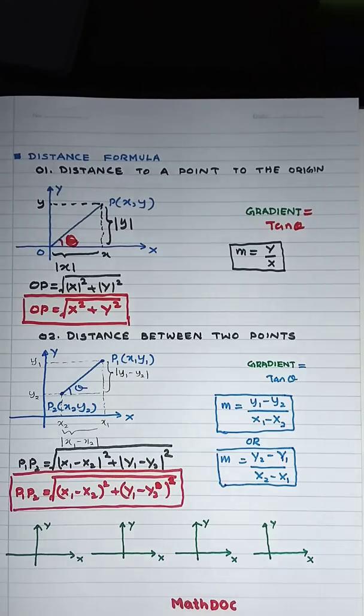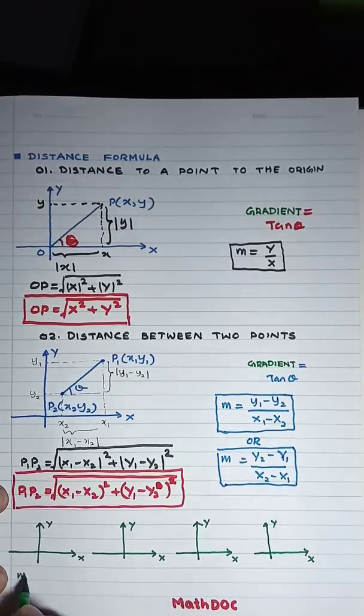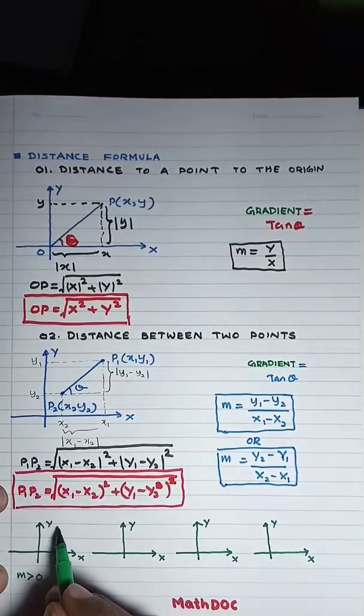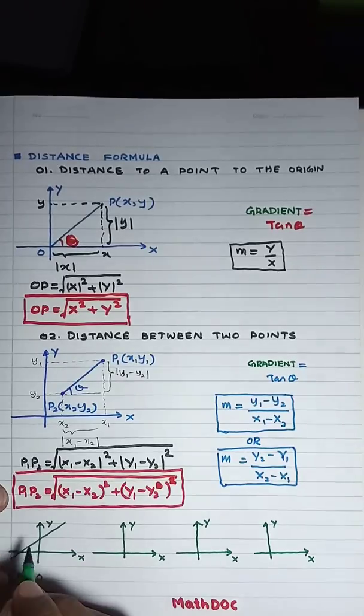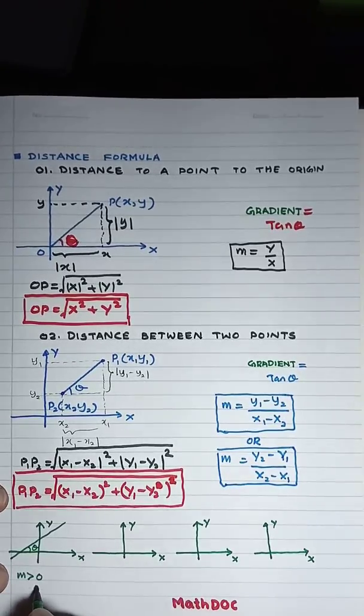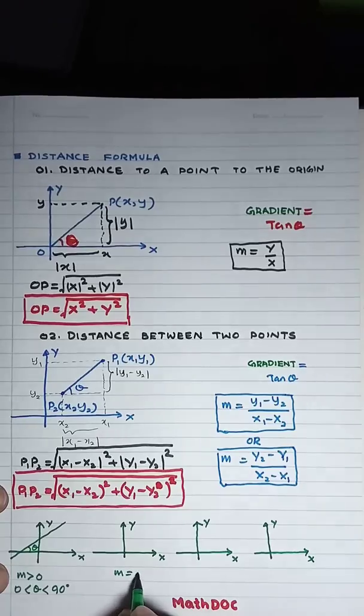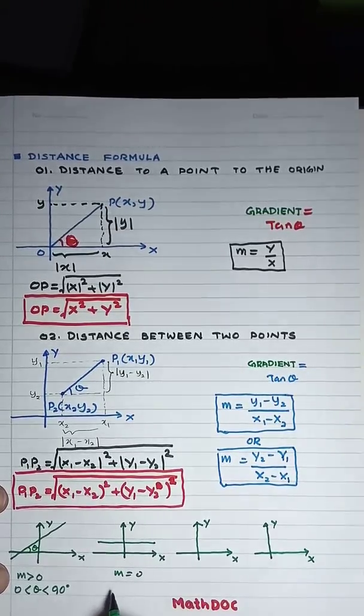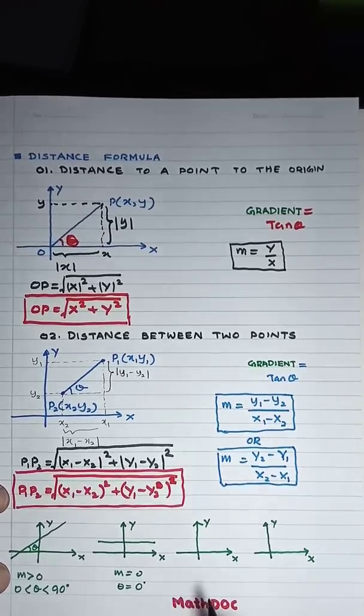Now consider positive gradients, m greater than 0. Then the line will be like this. When you consider the angle theta, theta is between 0 and 90 degrees. When m equals 0, the line is parallel to the x-axis, and theta equals 0 degrees.